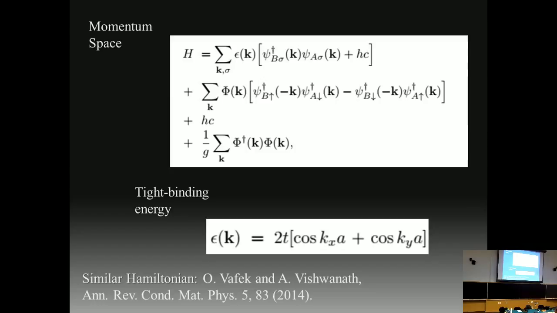So this is the same thing in momentum space. The first term is the hopping term. Epsilon is the usual tight-binding energy. And this is the Hamiltonian. A similar Hamiltonian appears in this paper here. It leads to a d-wave order parameter.